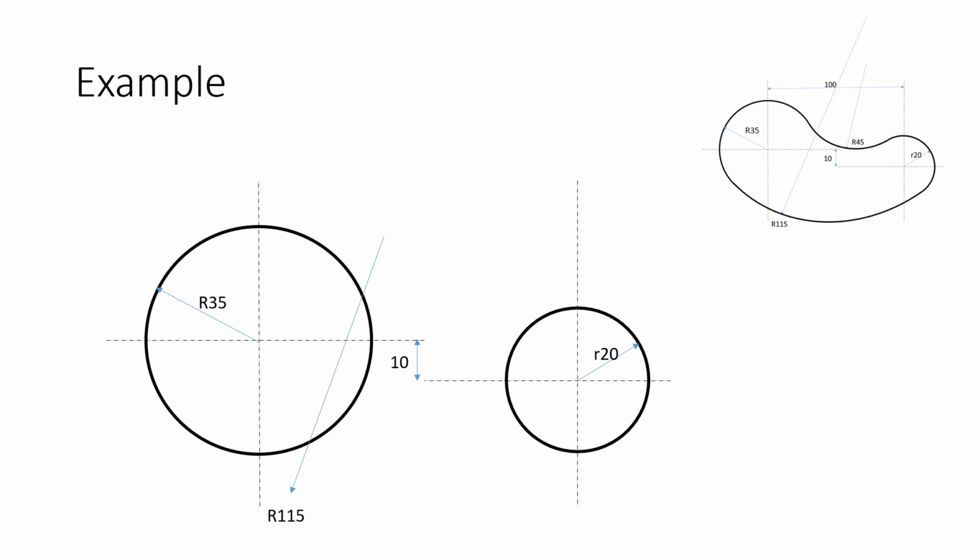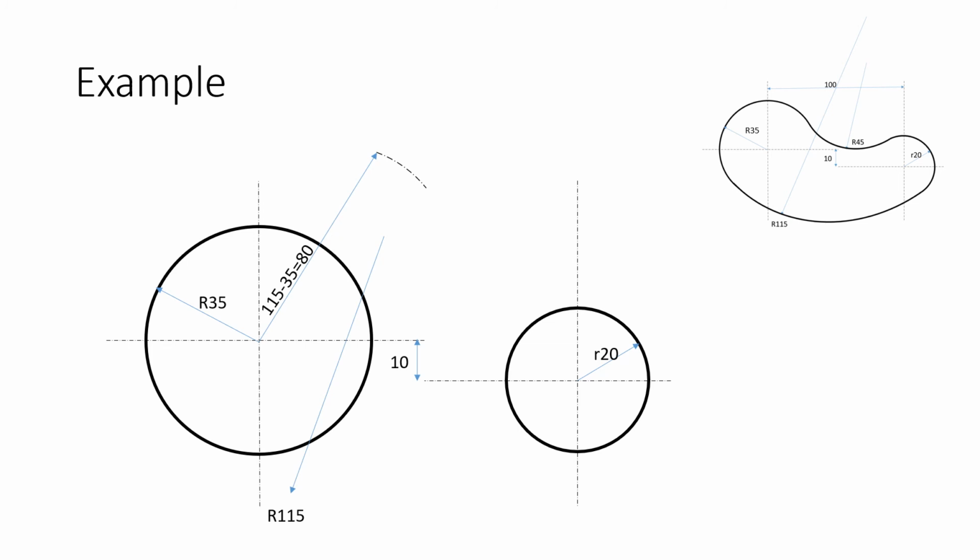So to begin with, for internal tangents, we must subtract the radius. So we have 115 minus 35, and we're drawing from the centers of the given circles.